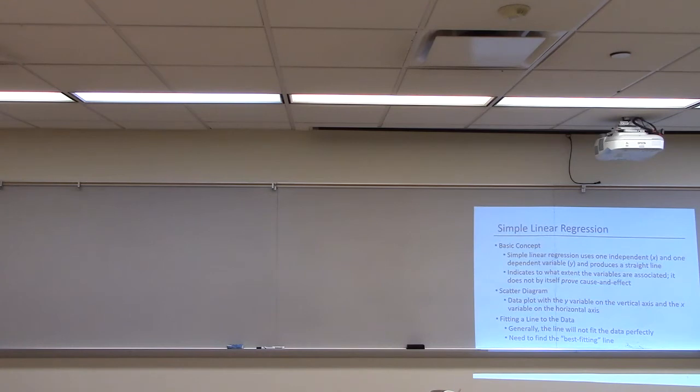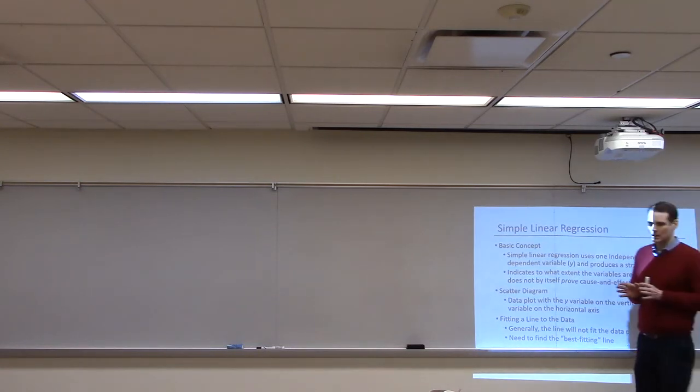Okay, so simple linear regression, 1 independent, 1 dependent variable, produces a straight line, indicates to what extent variables are associated. It does not by itself prove cause and effect.